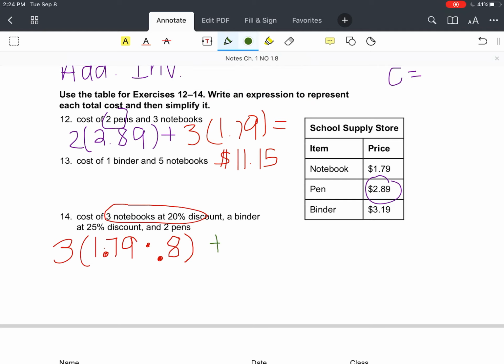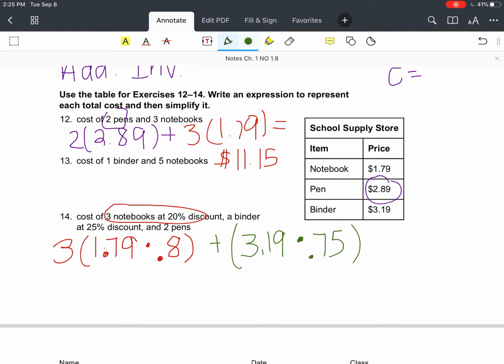Now for the next part, I have to add that to a binder, just a single binder, which is $3.19 at a 25% discount. So again, if I am getting 25% off, how much am I actually paying? Well, if I get 25 off, I'm actually paying 75%, which is 0.75.